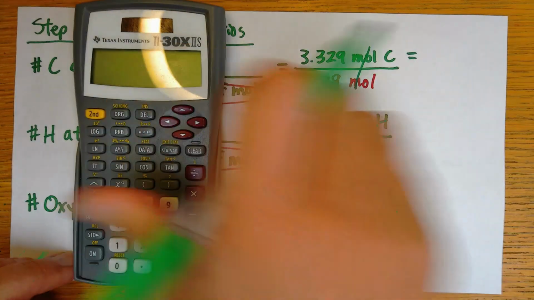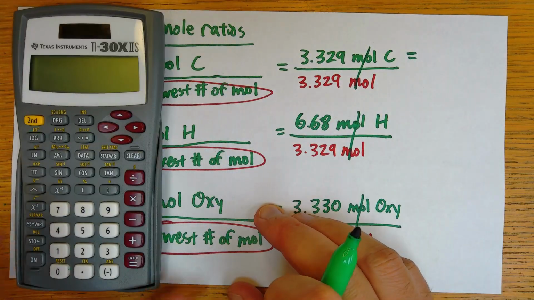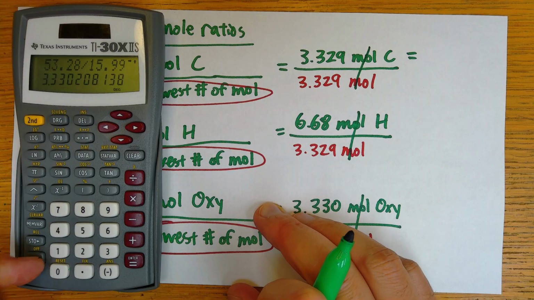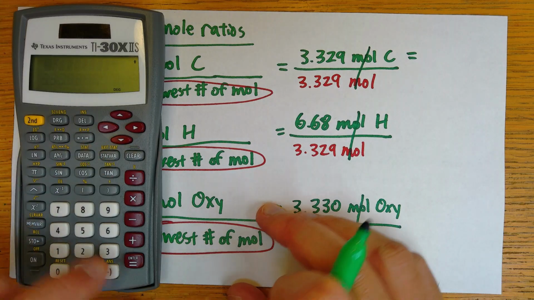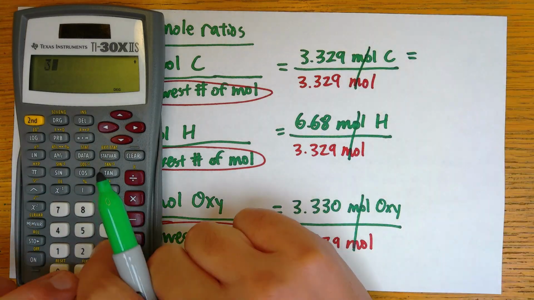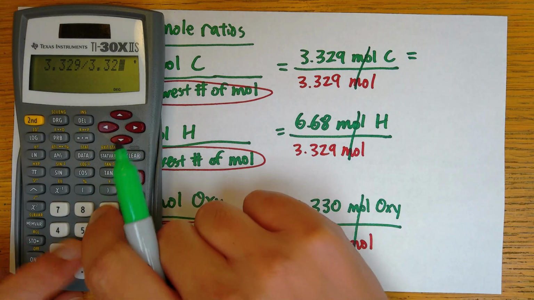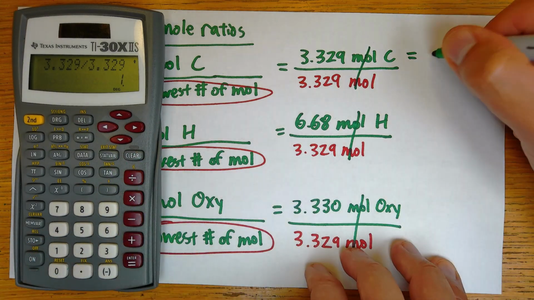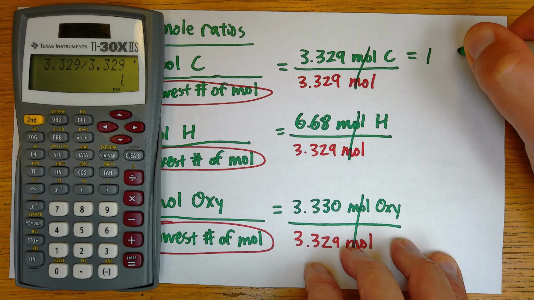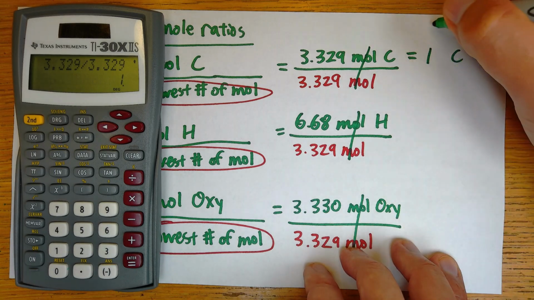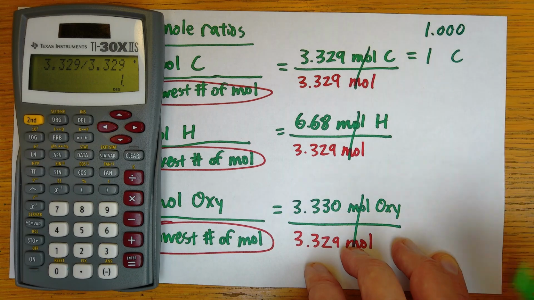Let's calculate these numbers. This one we can do in our head, but I'm feeling silly, so let's just do it on the calculator. 1 carbon. If you want sig figs, 1.000.